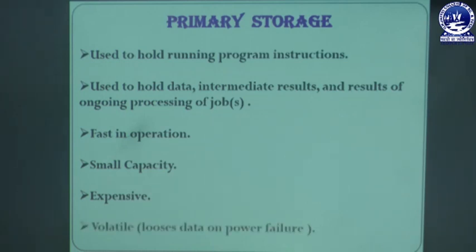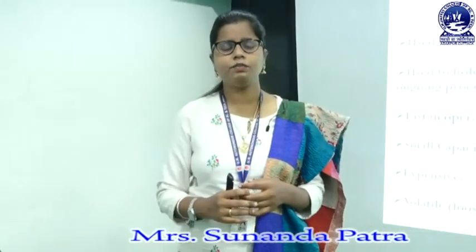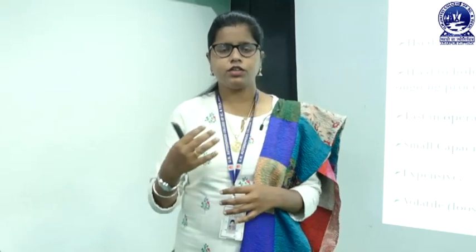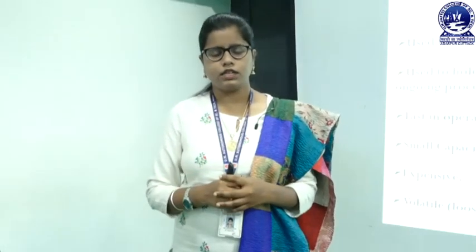And the last one, it is volatile. So what does volatile mean? That means it loses data on power failure. Take an example, suppose you are working on some document in Microsoft Word. If you have not saved that document and the power supply goes off, then what happens? After your computer restarts, that document will be lost. Why?